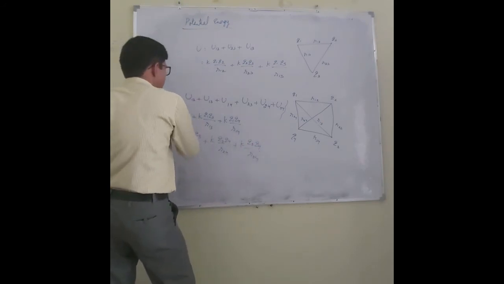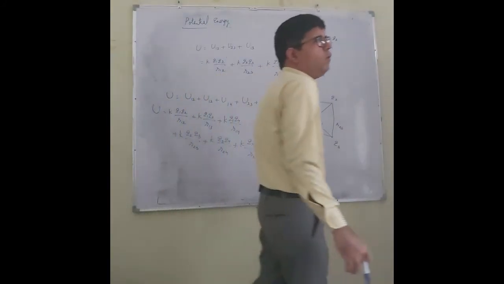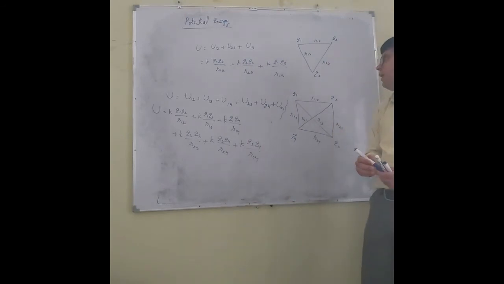So this is the potential energy if we are having a system of 4 charges. You have to take all possible combinations, right?